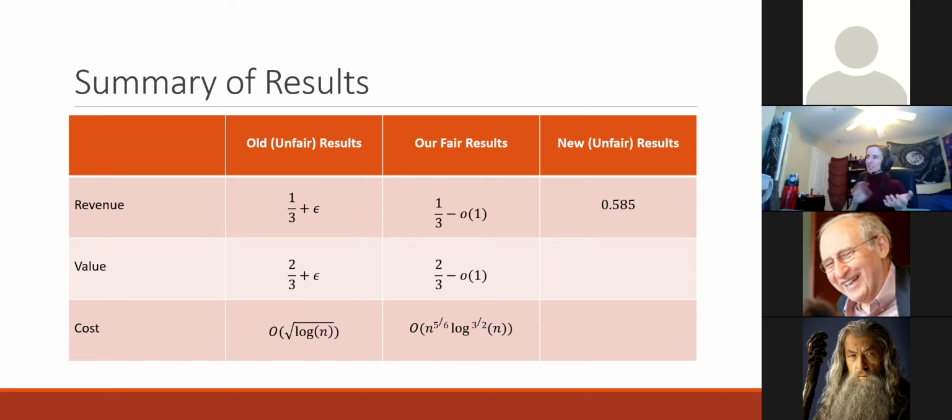So that's something that we'd be interested in exploring in the future, seeing if this new unfair algorithm for revenue can be adapted to be fair. For cost, we create a new non-trivial approximation algorithm that introduces a number of new techniques. But there's a big gap between our approximation for the fair context and the approximation for the unfair context.